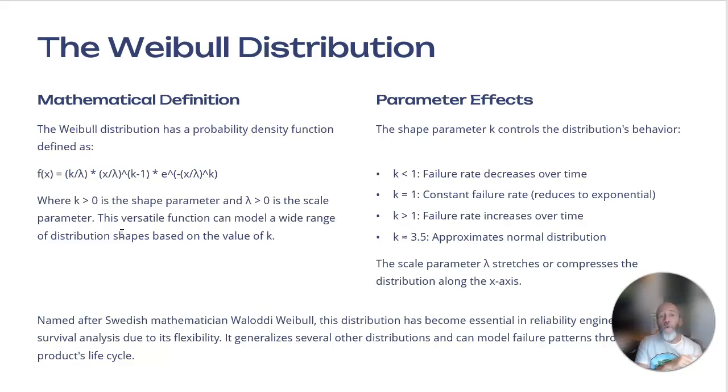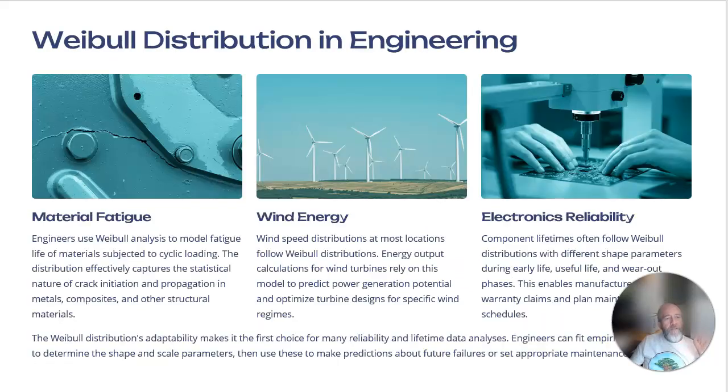At K equals 1, and you can show this by looking directly at the function itself, it is the exponential distribution. So it can take on more complex shapes, which means it's more general, which means it can fit more types of data. There are a lot of different types of measurements that fit Weibull distributions quite well.